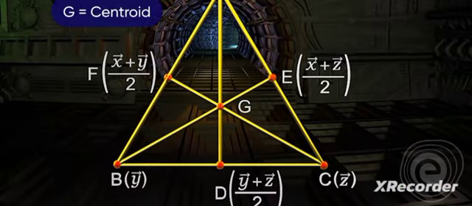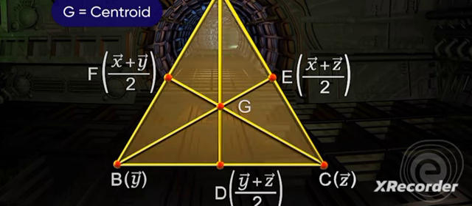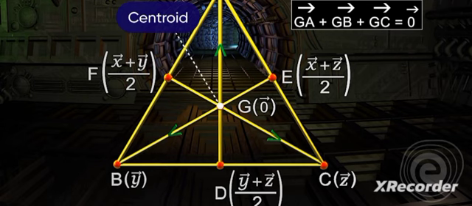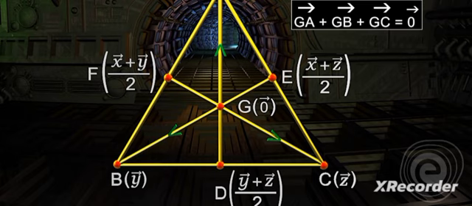If G is the centroid of a triangle ABC, prove that vector GA plus vector GB plus vector GC is equal to vector 0. Let G, the centroid, be the origin. Therefore, A, B, C have position vectors vector x, vector y, vector z respectively.